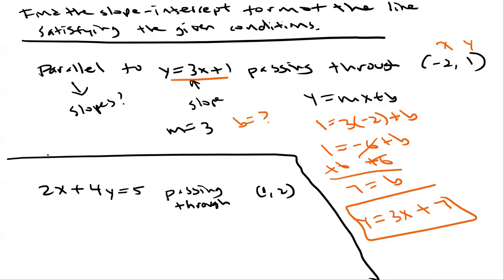So find the slope-intercept form of this line going through 1, 2. Again, they're parallel. And once you have that, please post it.